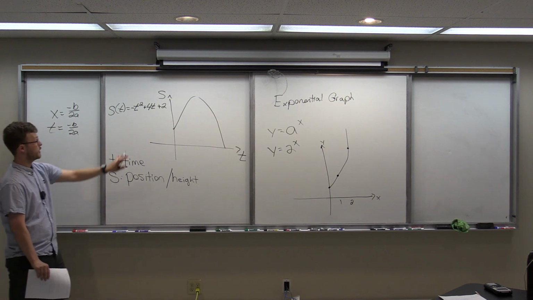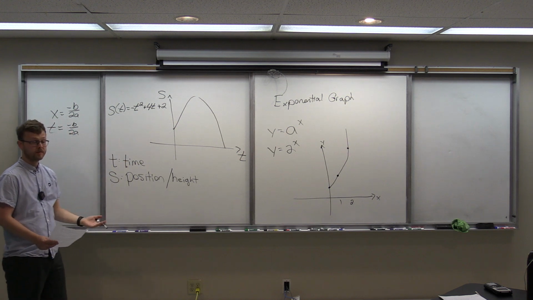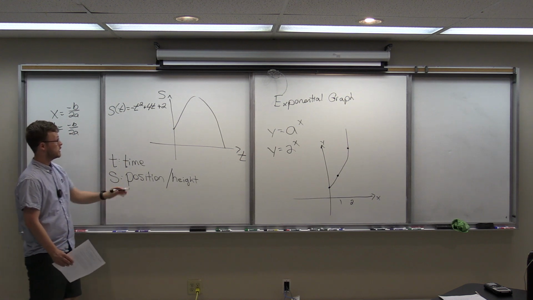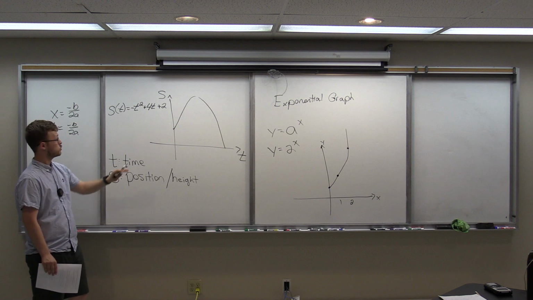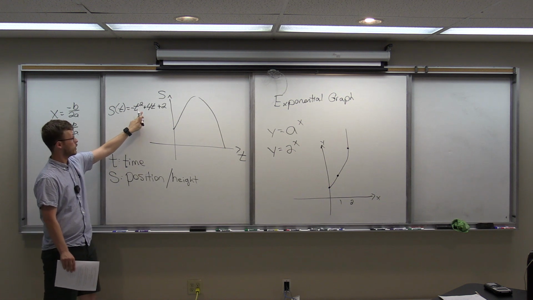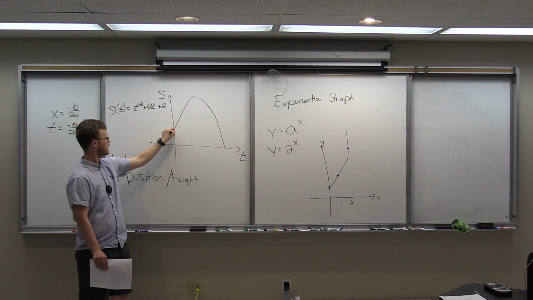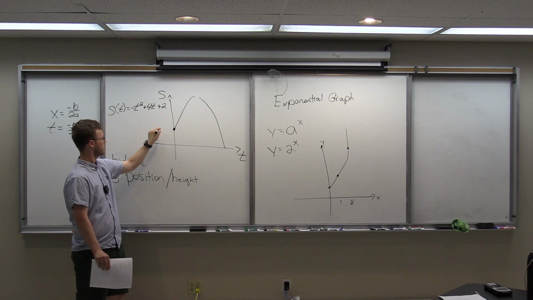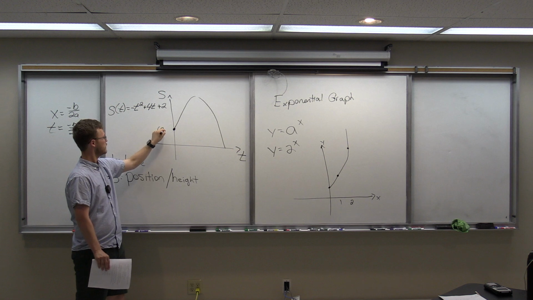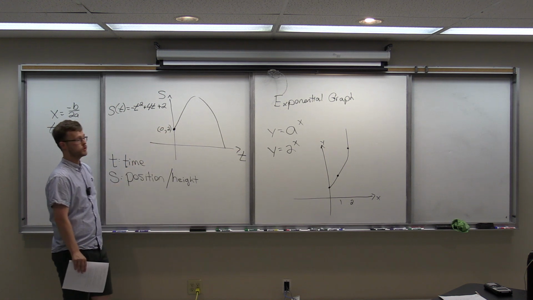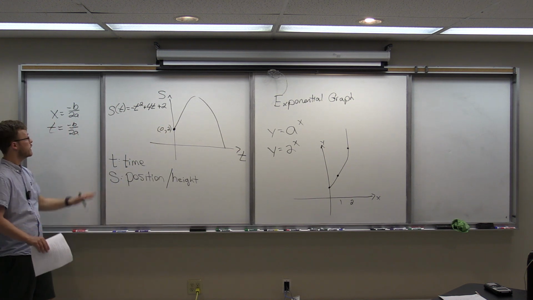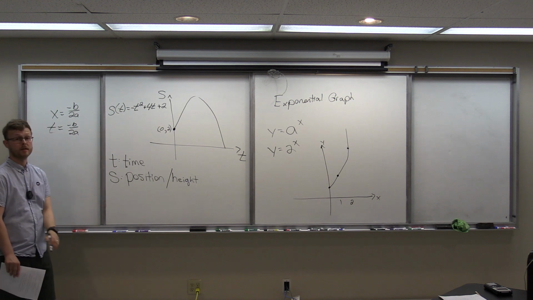But sometimes when the numbers are small, it's just simple enough to calculate. So let's plug in t equals 0. There's not much work necessary here. Negative 0 plus 4 times 0 plus 2. That immediately tells me that this point right here is t equals 0, s equals 2. I plug in t equals 0, and what the function gives me is that s is equal to 2.